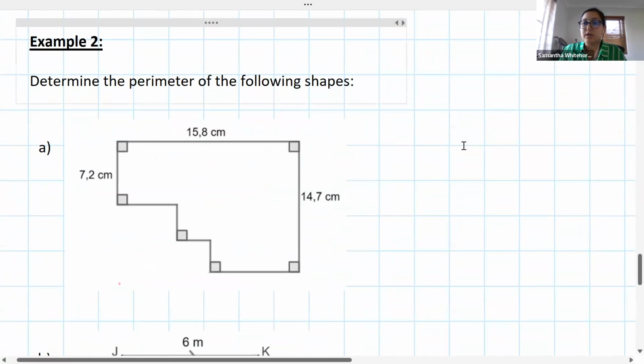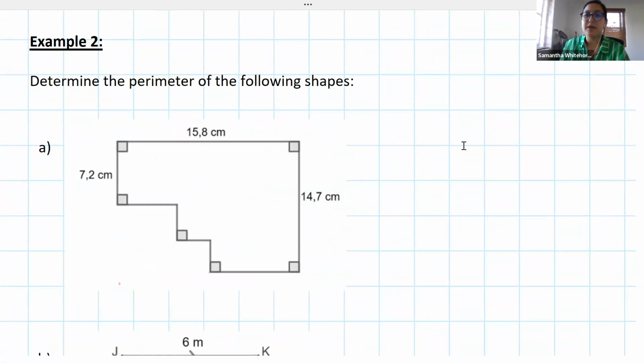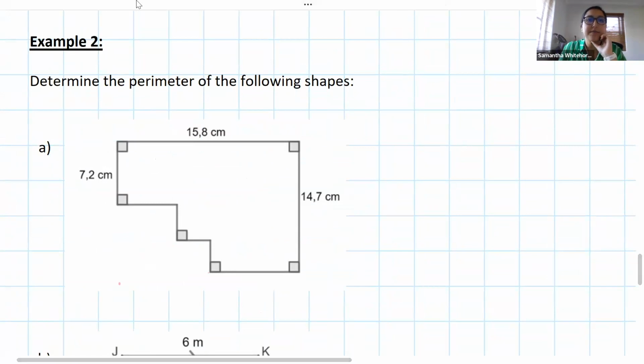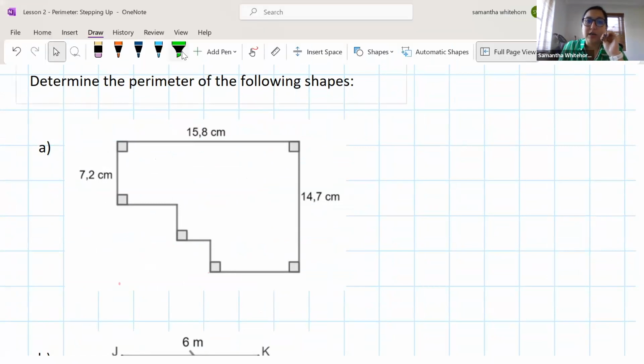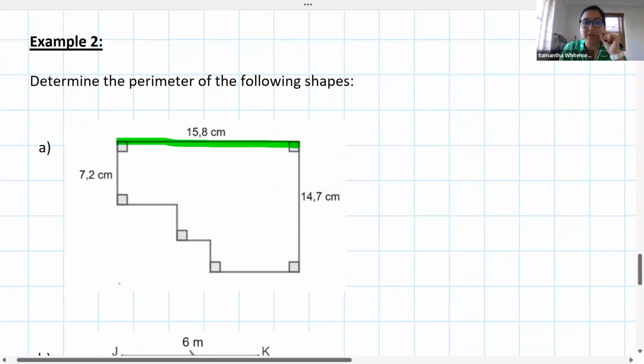We are wanting to work out the perimeter of the shape, but now it's not just a rectangle or a square. It's like a weird mixture of all of these things. So what I always like to do is figure out what lengths I have. Okay, so I've got this 15,8 centimeters.